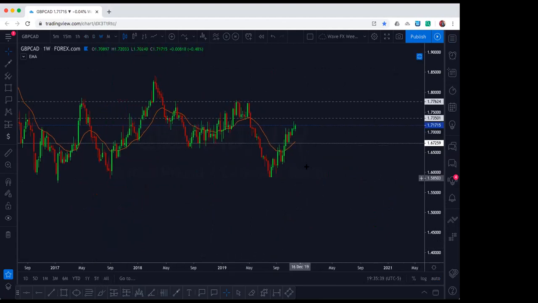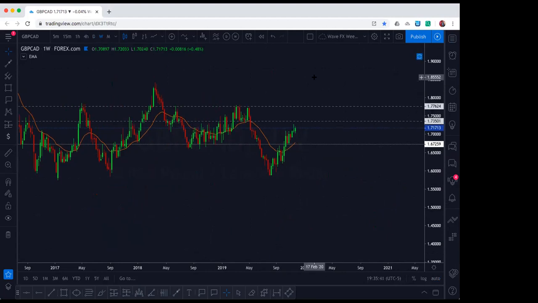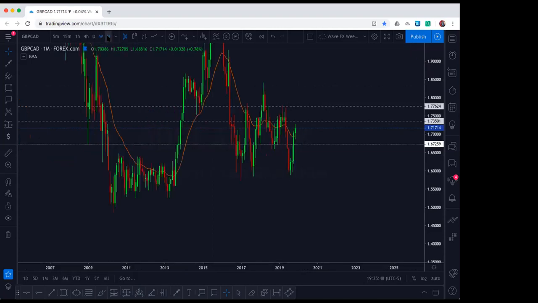Overall trend for pound CAD is down. However, we're approaching resistance now in the market. Monthly time frame giving you something else. Let me see.